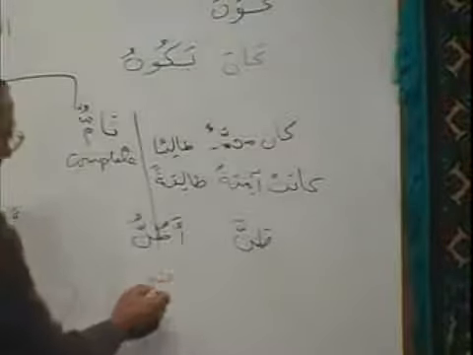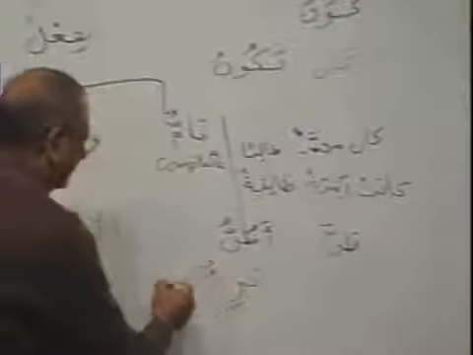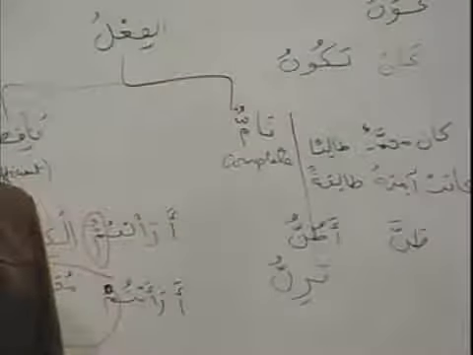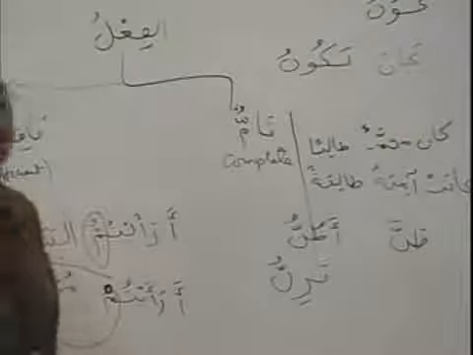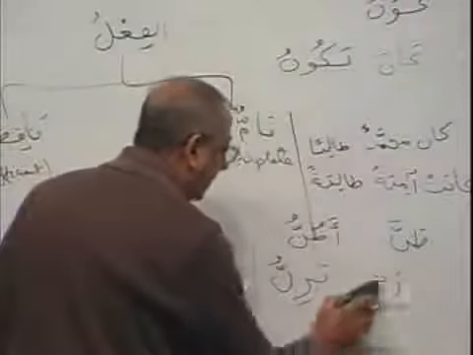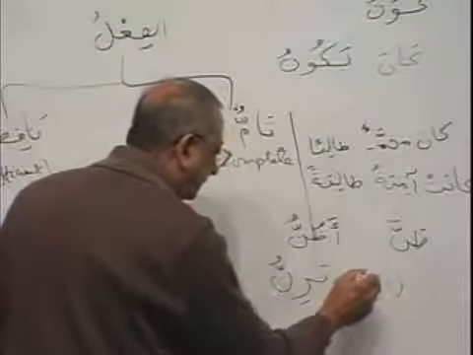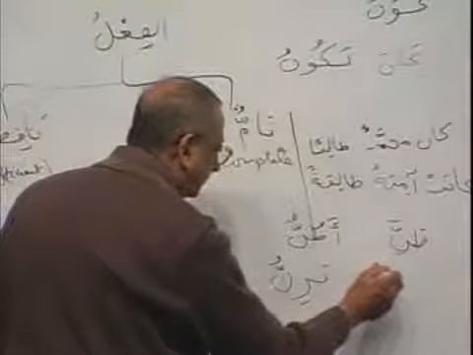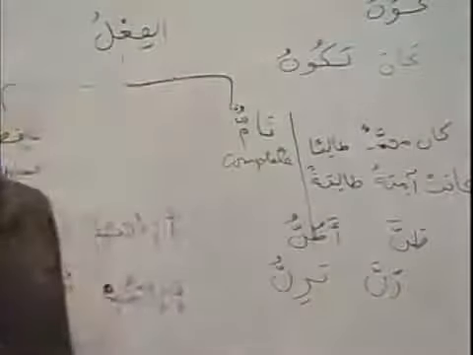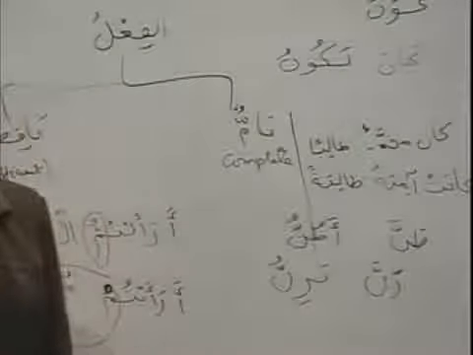Now the new verb is coming, yarinnu. What is madi? Ranna. To ring. It rang. Okay? Yarinnu rings.